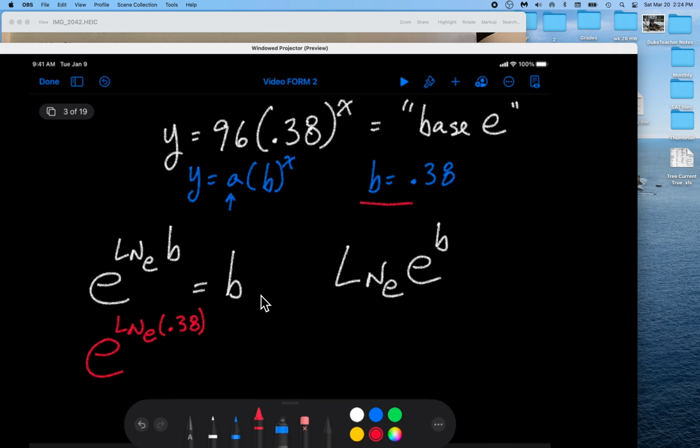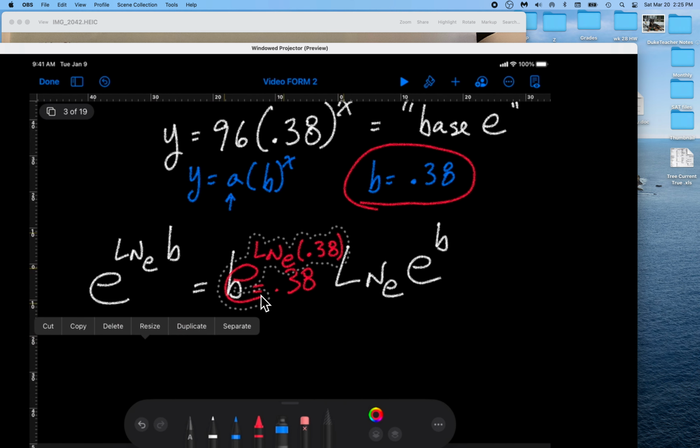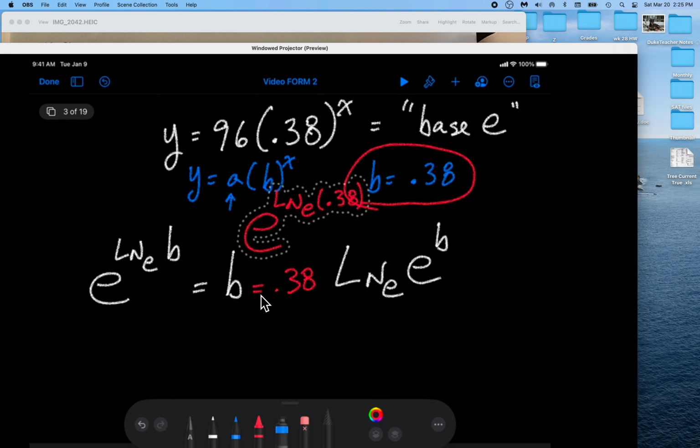So instead of the base being 0.38, we're going to take this and move it and put that in for here, right there, because they are the same.